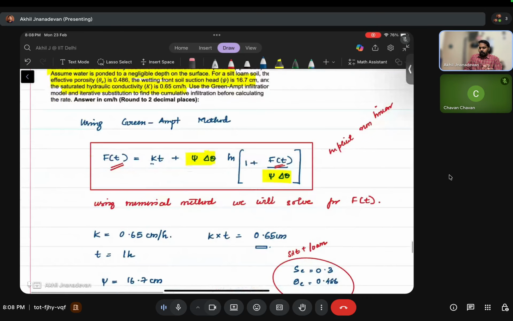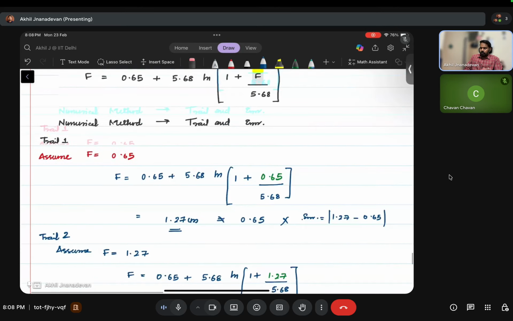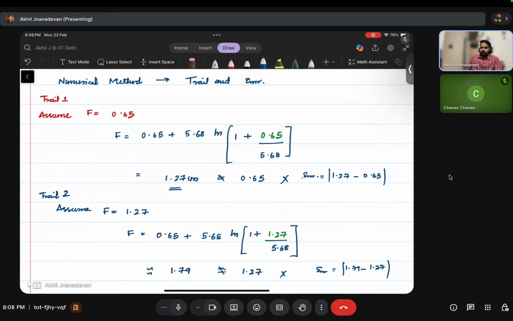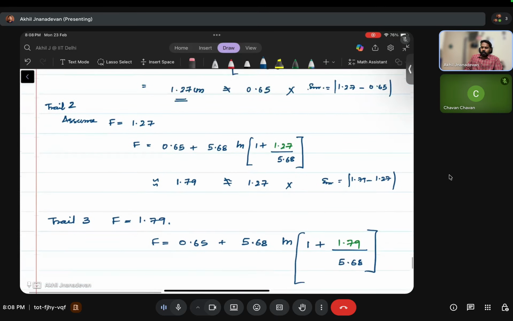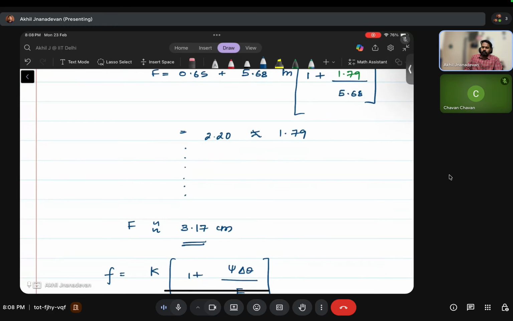So the solution for the Richards equation that we derived will be somewhat looking like this. The only problem is that Ft is an implicit nonlinear equation. Ft is coming in both LHS and RHS, and we cannot separate it out. So we solve this using a numerical method, one of the simplest being the trial and error method, where we'll be assuming. The first assumption you can take as Kt, and then we keep on updating, and after further trials it starts converging, and the final answer will be around 3.17.